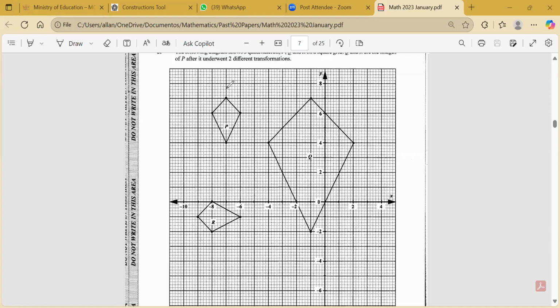If this is A, this is B, this is C, and this is D, this would be A prime, B prime, C prime, and D prime. Now, this is called a rotation. It's the same shape, but it has just turned. That's what we call the orientation is different.